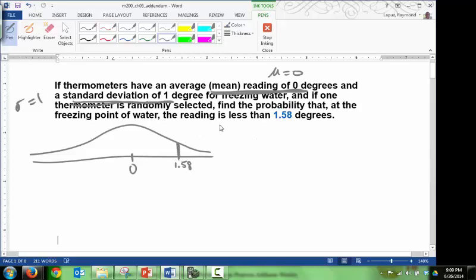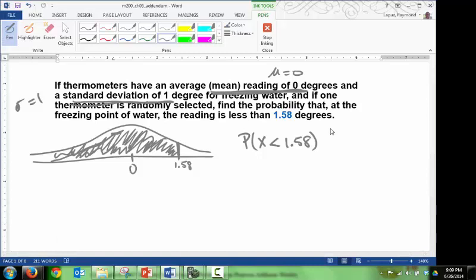I want the probability that it's less than 1.58, so I'm going to want to figure out this area less than 1.58. So I must be shading the area to the left. So that's a graphical representation of what I'm looking for. Now, in terms of a formula, I want to find the probability that my random variable is less than 1.58. So this is what I'm looking for.